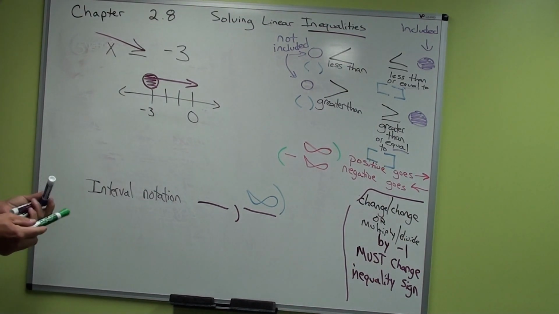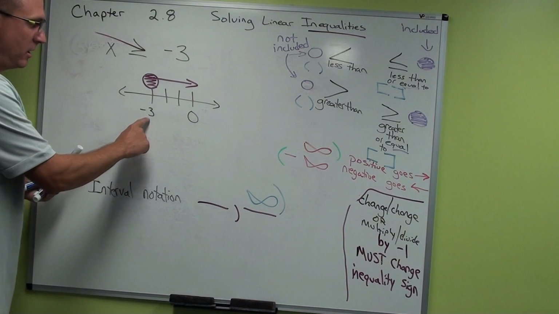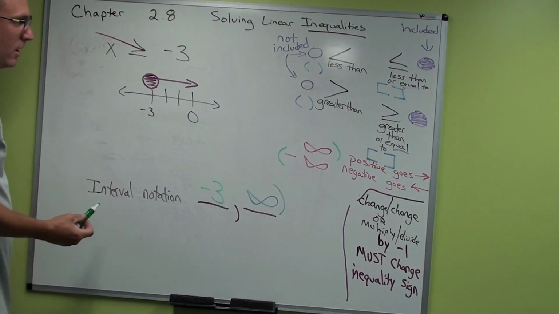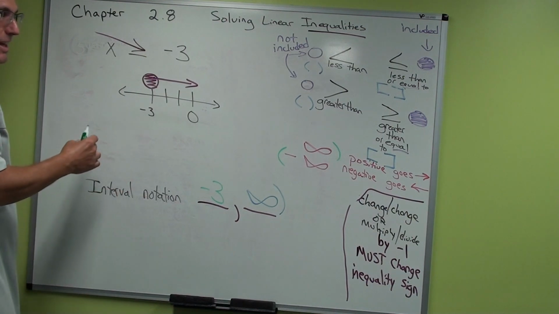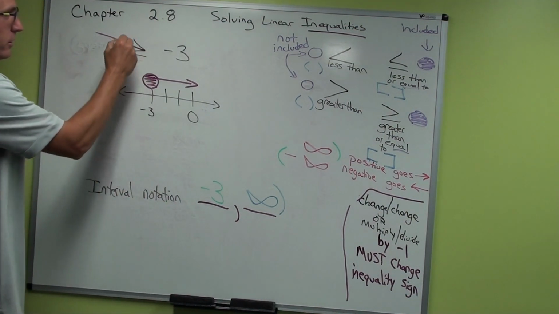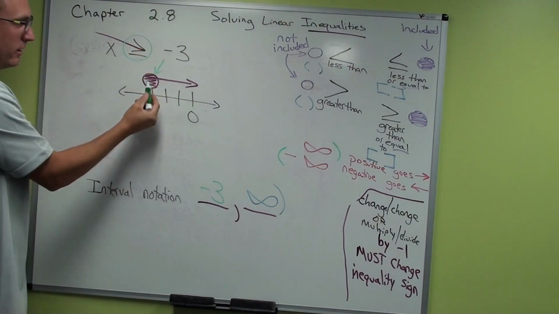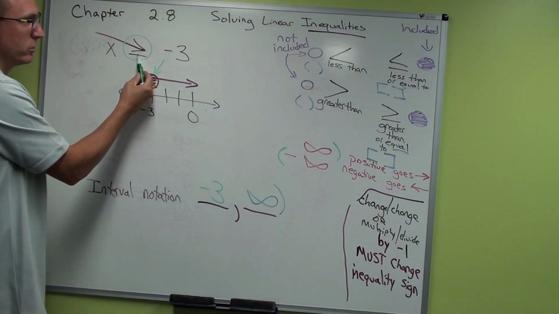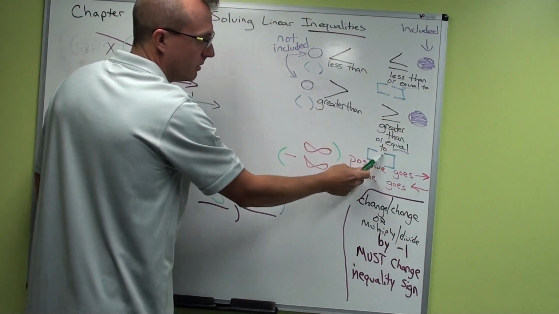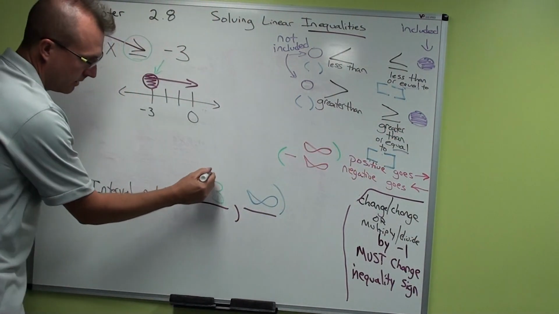And the other spot we put our number. Negative 3. Now you ask yourself, is it not included or is it included? You can look at your symbol here, or you could just use your symbol and go over here. Oh, I know it's greater than or equal to. It's included. That means it gets a bracket.